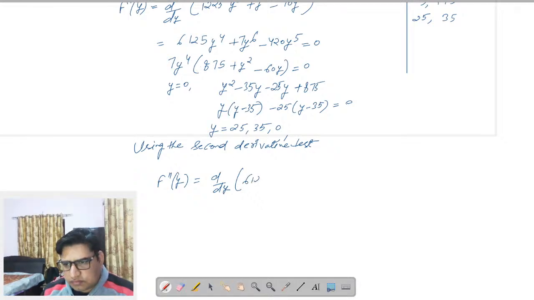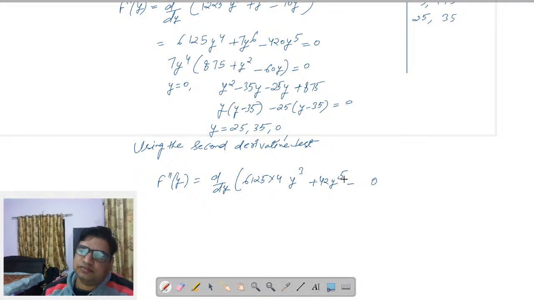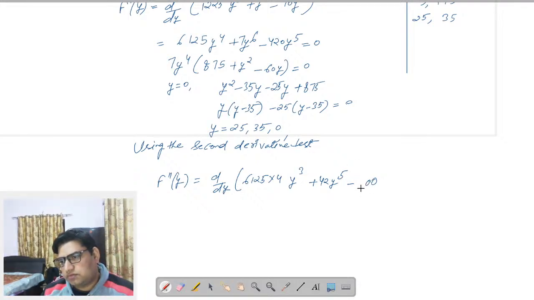6125 into 4 y cube, 42 y की पावर 5 minus 420 into 5, 5 to the 10, 5 for the 20, 20 plus 1, 21, 21 y की power 4.